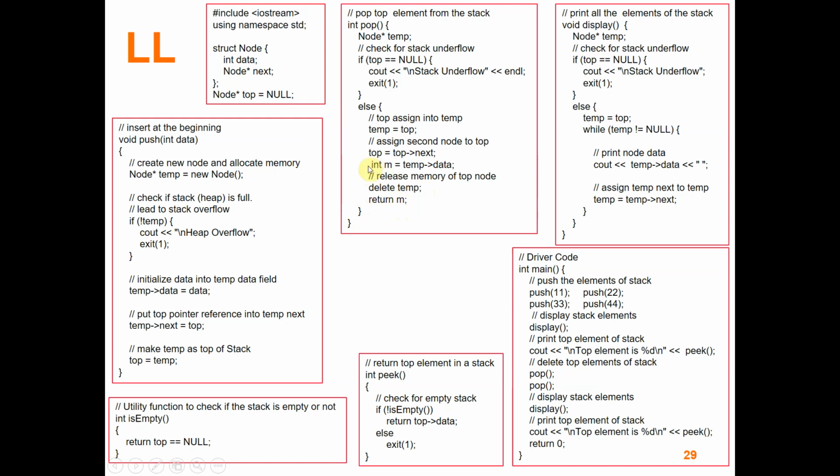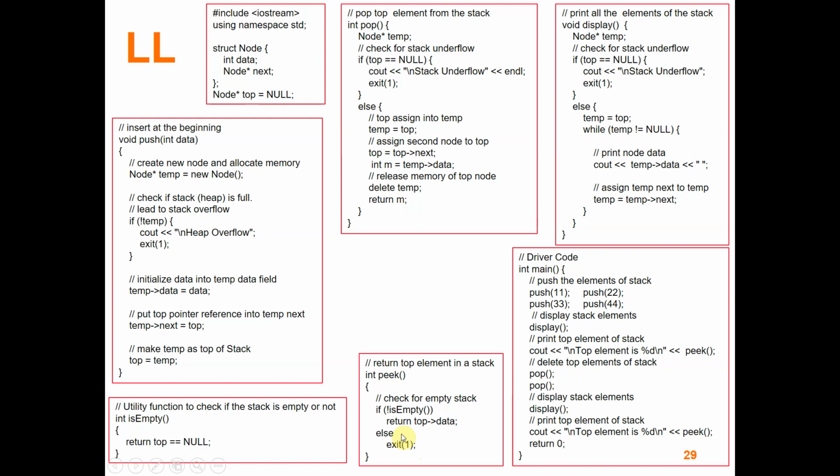Okay, so I forgot to mention this temporary variable in the previous video, but because we have to delete the previous top of the stack, we have to make sure to first store the value that has to be returned in a temporary variable, and then after deleting it, we return it.